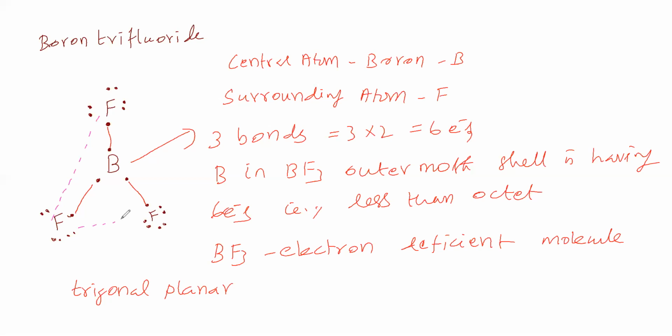What shape do we get? An equilateral triangle. Planar means all the atoms are present in one plane. In this molecule how many atoms are there? 4 atoms, and all 4 are present in one plane, therefore we say it is planar.